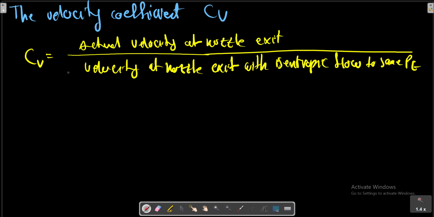It follows that the velocity coefficient is equal to the square root of the nozzle efficiency.